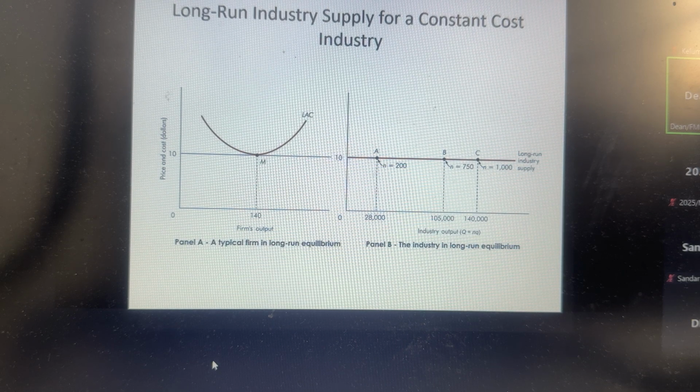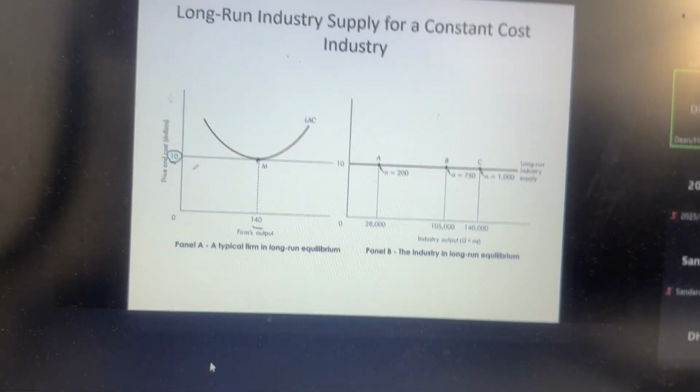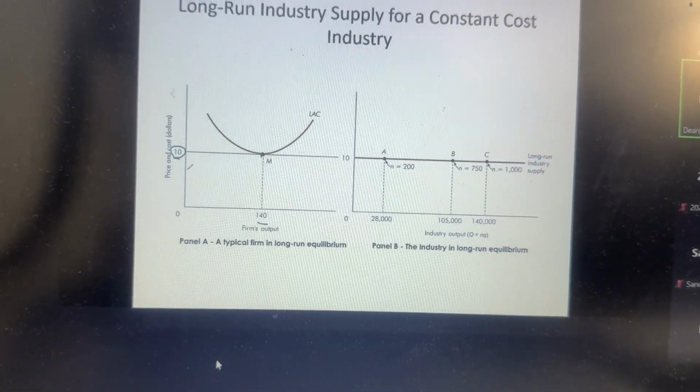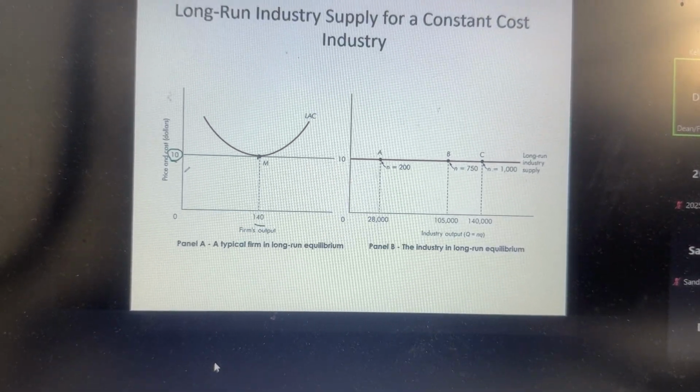This is the constant cost industry. Now the minimum point of LAC is point M. So the firm is producing 140 and the per unit price or cost is 10. If we assume it is a constant cost, the cost will not change, right?